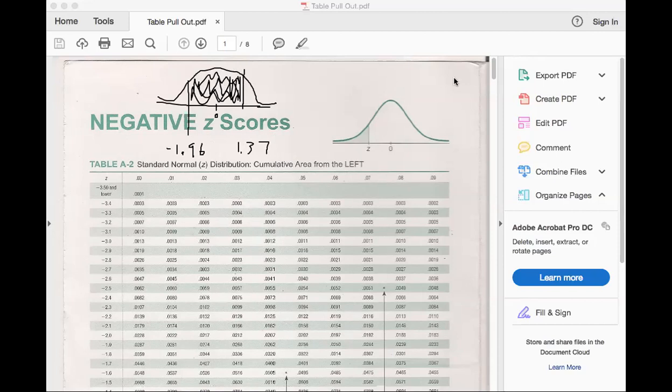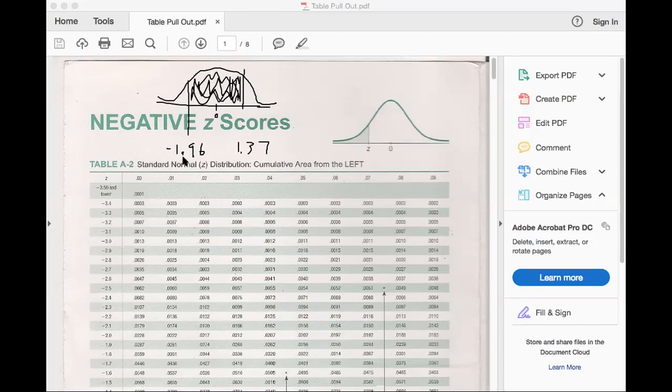What should we do now? Let's see here. You take, all right, we're going to start with 1, and then we're going to subtract the value of negative 1.96 out of that because it's not colored in. Okay. And so you're saying we're going to go find this guy first. I like that.